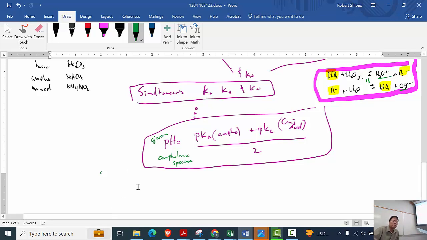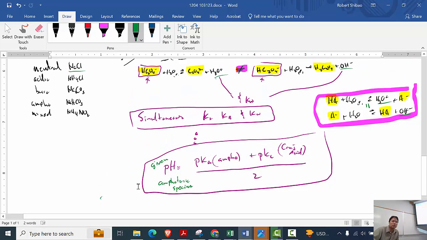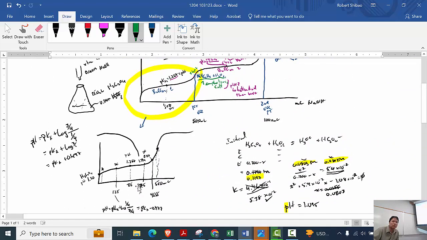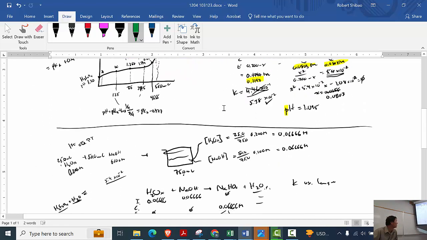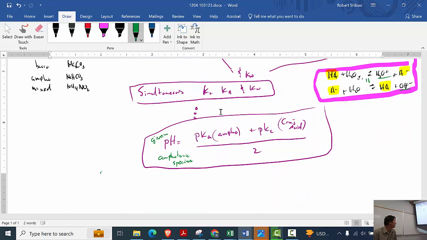So we just get the pKa for the amphoteric species, which we had calculated earlier. That's the pKa2 here, and the pKa2 here is 4.275. So in other words, if I want to determine the pH here, the pH is going to equal the pKa for the amphoteric species, which is HC2O4 minus, plus the pKa for its conjugate acid, H2C2O4, divided by 2.